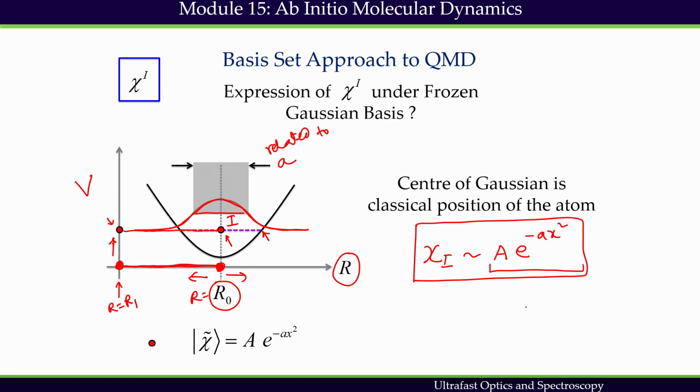It is always centered at x equals 0. So for the given problem, one can rewrite this expression as e to the power minus a (r minus r naught) whole squared. Then it is centered at r equals r naught.